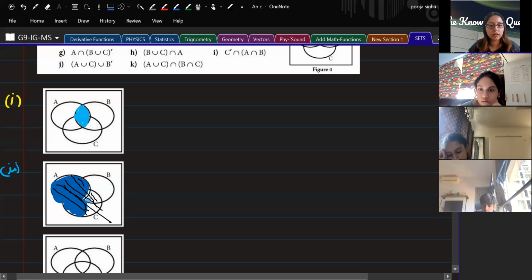This and this, right? Yeah. Shamik, yes? Okay. Chalo, you can remove the annotations.